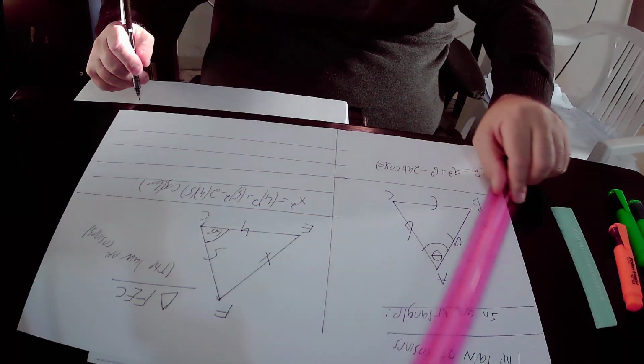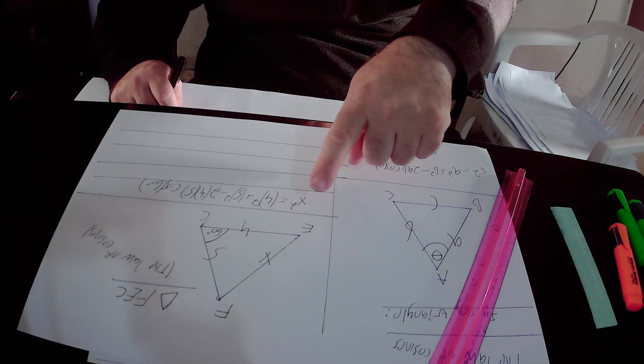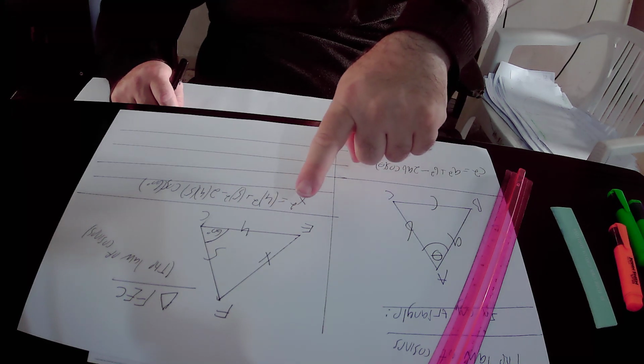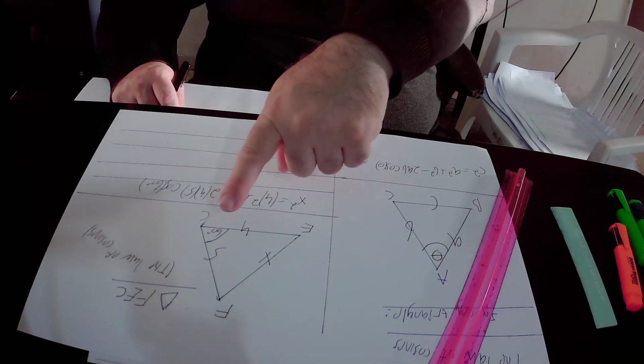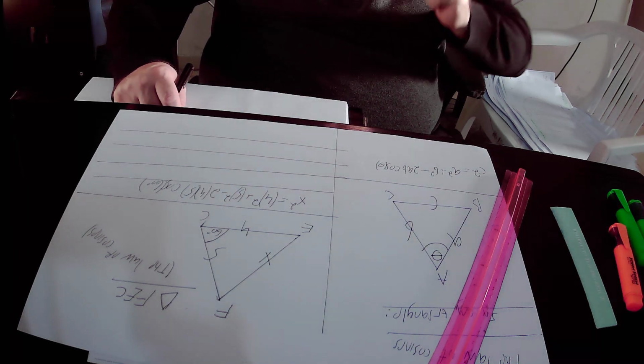I repeat again, in triangle EFC, according to the law of cosines, we get that x squared equals 4 squared plus 5 squared minus 2 times 4 times 5 times cosine 60 degrees.